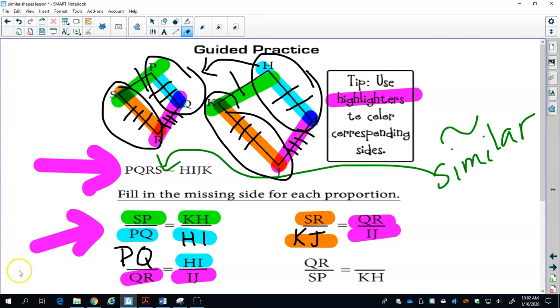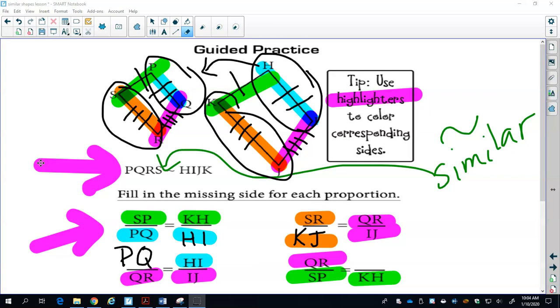All right, let's take a look at that last example. And I'm going to look at my picture, and I know that QR I made purple, SP I made green. So green is on the bottom, and then I need purple on the right one on the top. So the purple is going to be, KH goes with what?